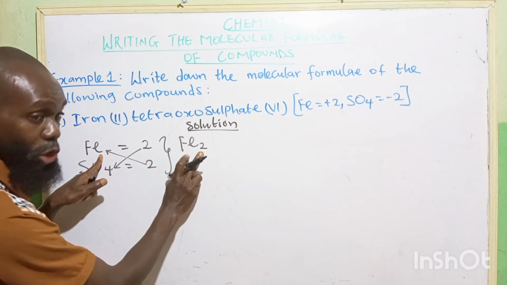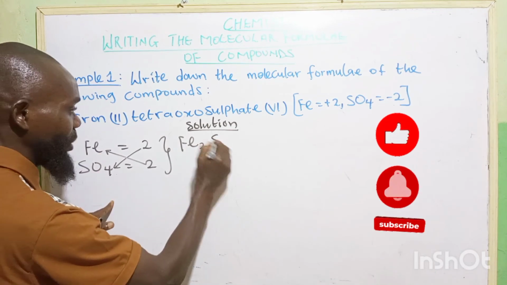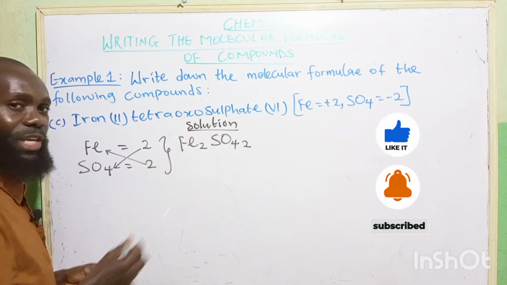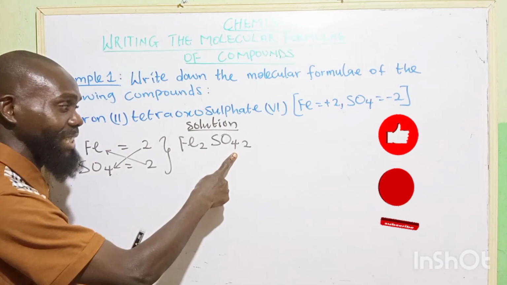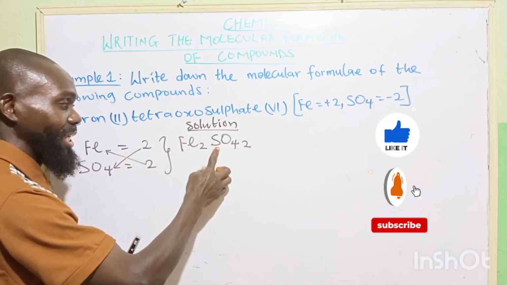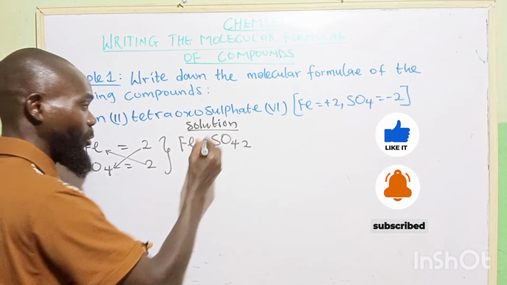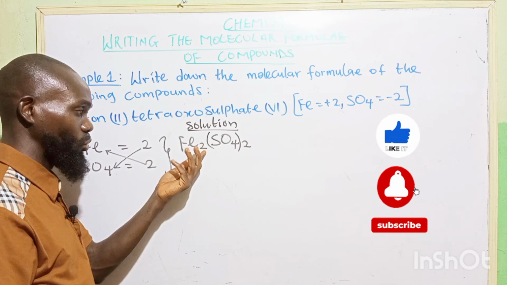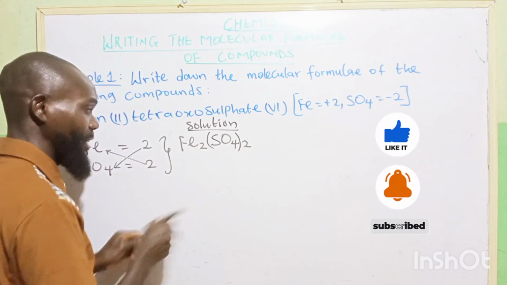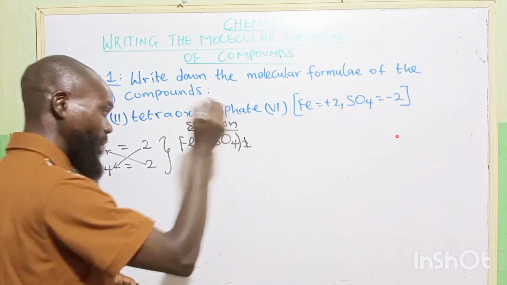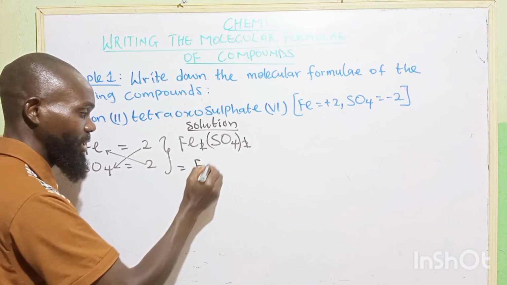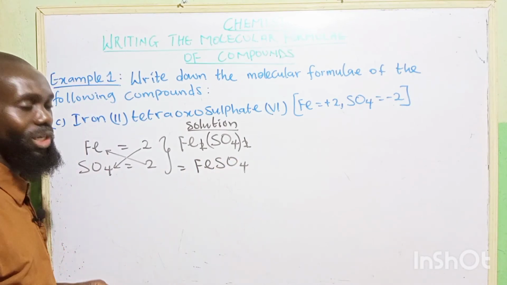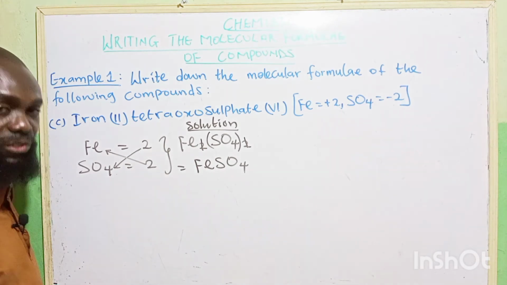This is what we call the subscripts. Then SO4, then 2 is coming. So if I put 2 here, my oxygen is having 42, whereas this 2 is for oxygen, it's also for sulfur. We open brackets and close it. So when we look at this has 2, this also have 2. So in this case, we cancel the 2. So finally, we have FeSO4. So this is formula for iron 2 tetraoxosulfate 6.